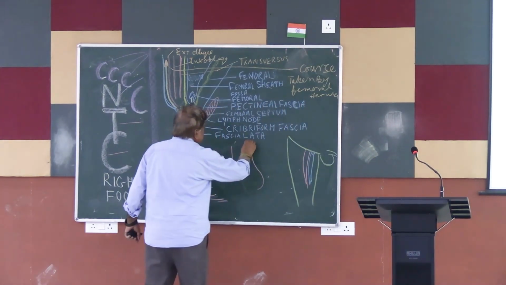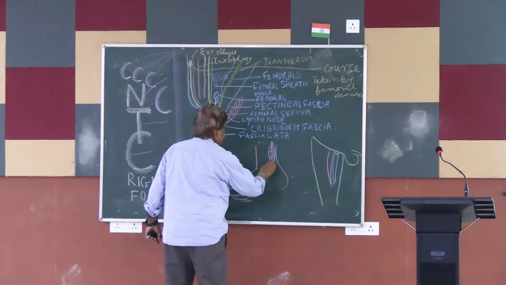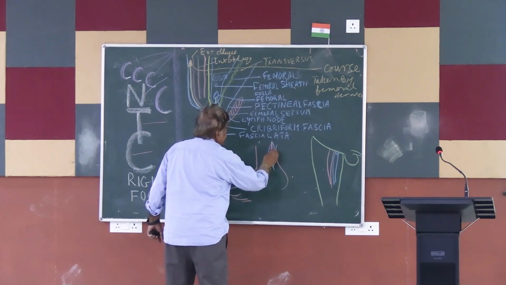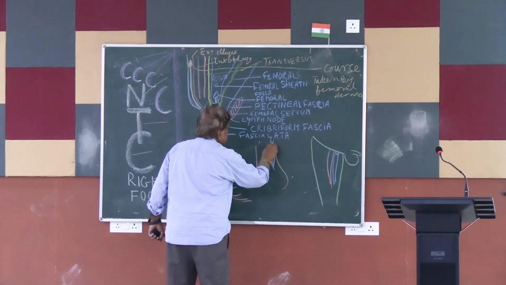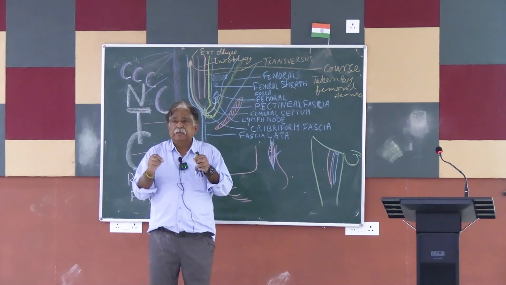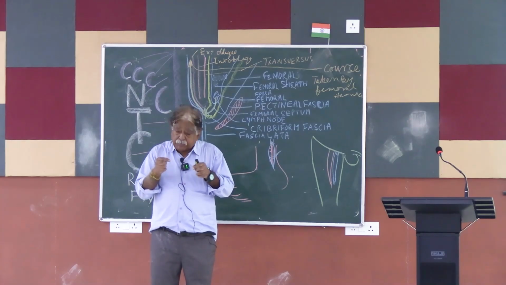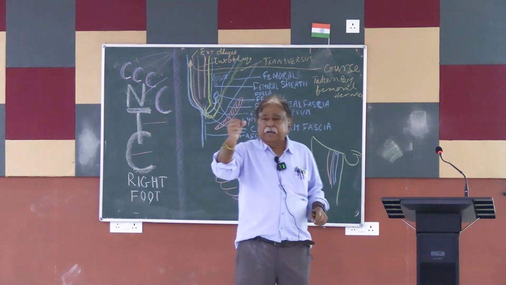I have dissected this portion. Over here, I dissect out and take the vein like this, loop. You loop like this, take it like this. Okay. Then you make a small incision and put the tube.